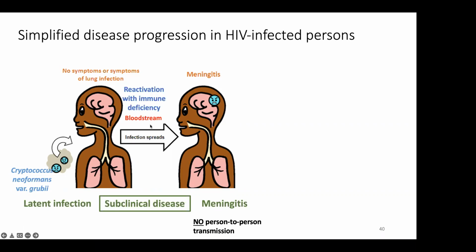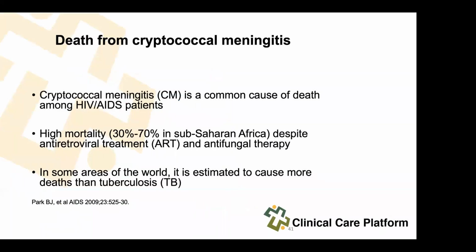If it comes back positive and we have excluded meningitis, we are able to treat easily at this point. However, we must remember this subclinical disease, if not treated, progresses to meningitis, which has a very high mortality rate, up to 70% despite ARVs. It is very important to know that ARVs have not improved the incidence of cryptococcal meningitis.